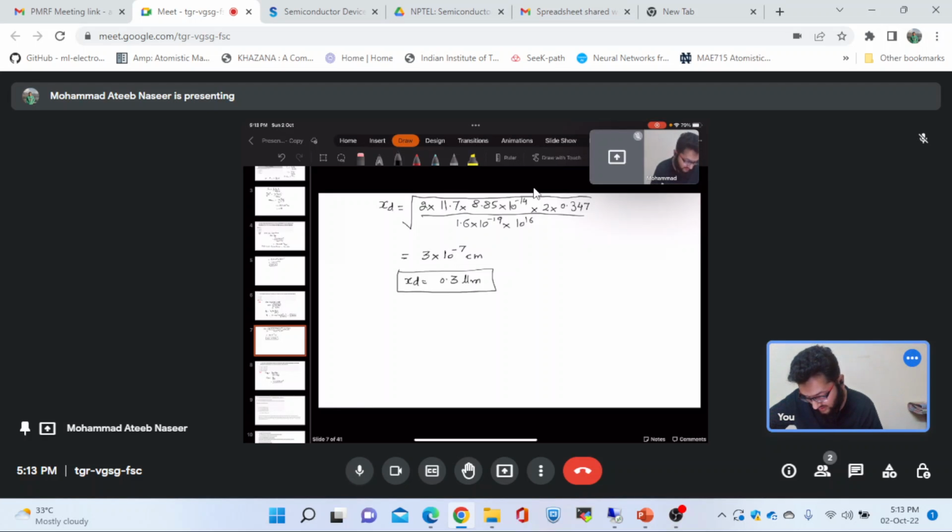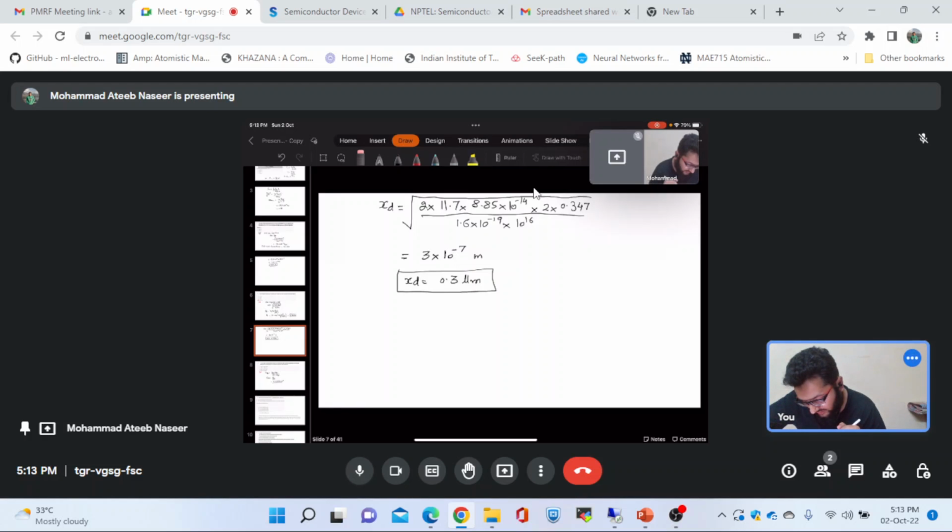Sorry, this was 0.3 micrometer. I directly wrote it over here in meters. I shouldn't have written it in centimeters like this.